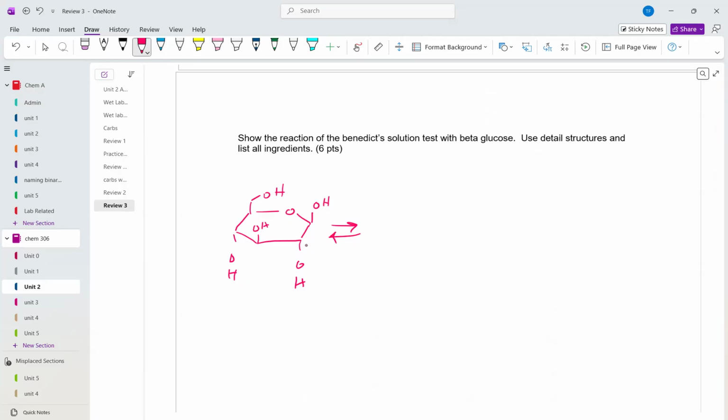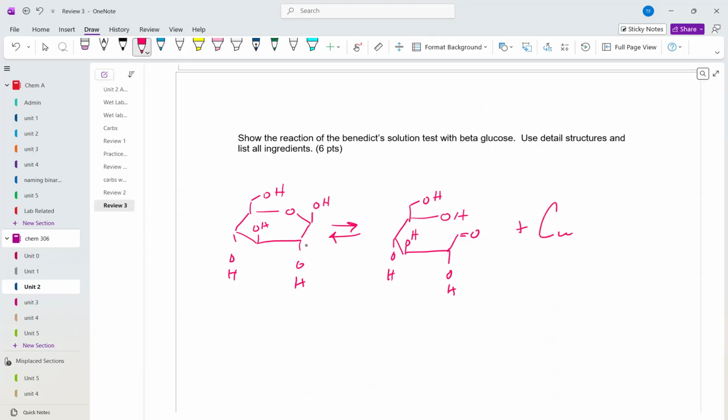First step, the ring opens up to an aldehyde.